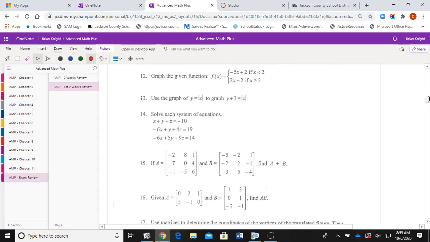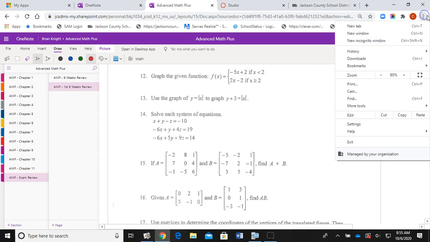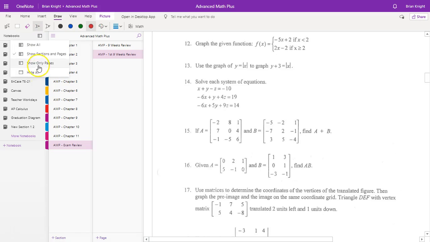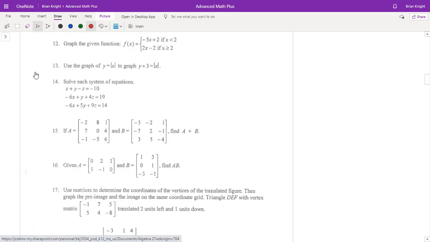Number 12. Let me come back to blowing it up, big screen. All right, so 12, it says to graph. So I'm going to graph over here as best I can.